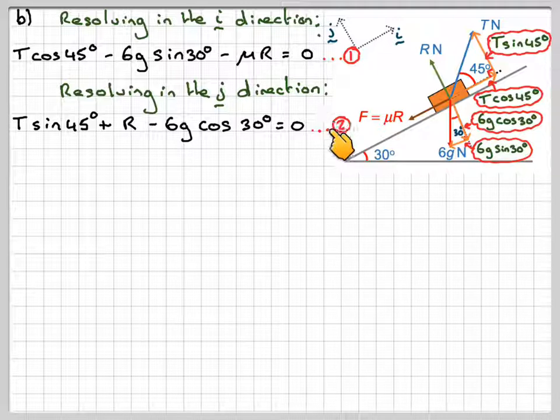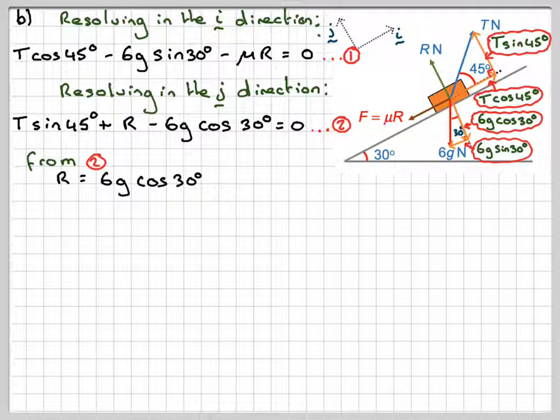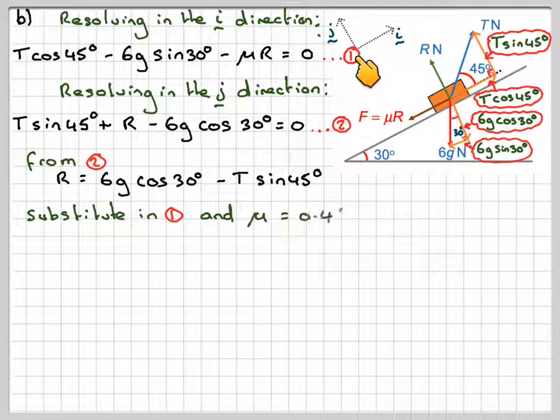So we've got our two equations, and we now need to solve them. From 2, similar idea, we make R the subject. I know we've got another variable in it with T, but we'll still make R the subject. So R will be 6g cos 30 minus T sine 45. Again, we substitute that into equation 1, making mu equal to 0.4.